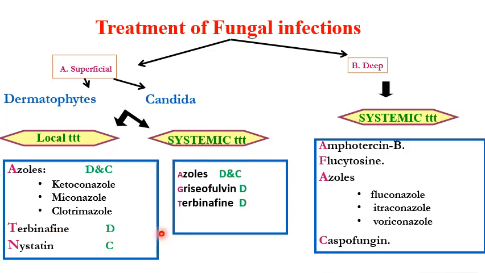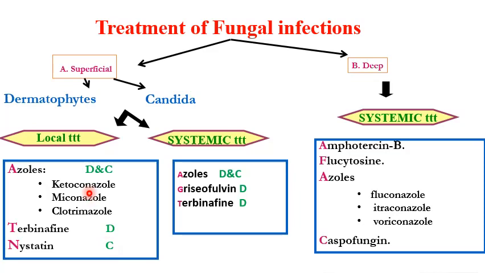What about griseofulvin? Griseofulvin is an antifungal drug used for tinea and used systemically, not topically. What is the use of nystatin? Nystatin is a topical drug used for eradication of candida. What are azoles?